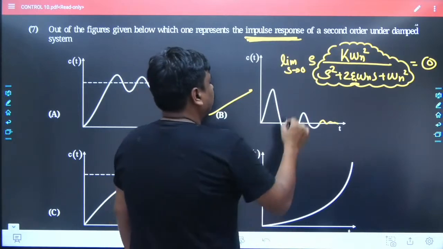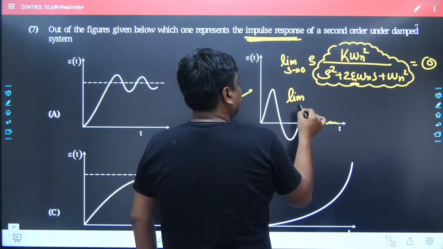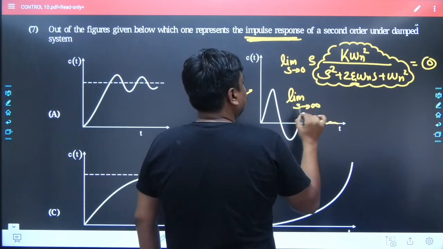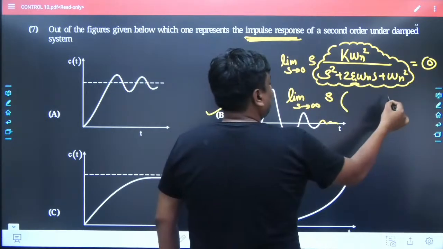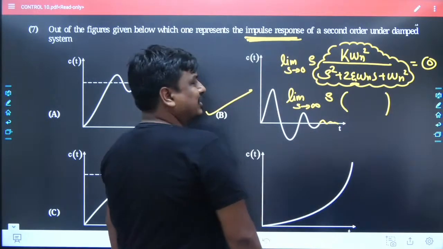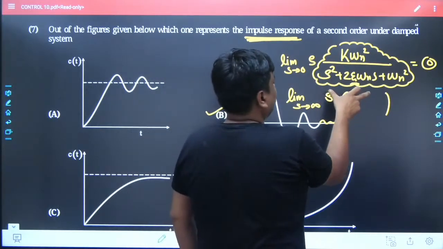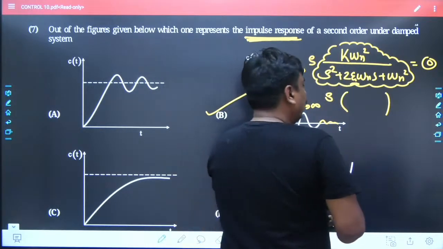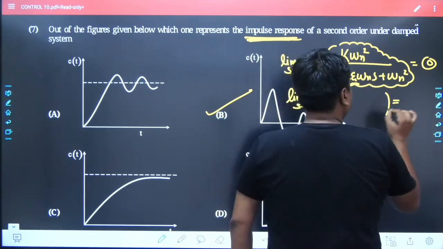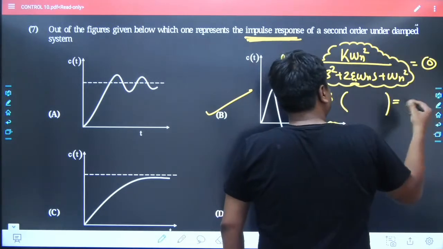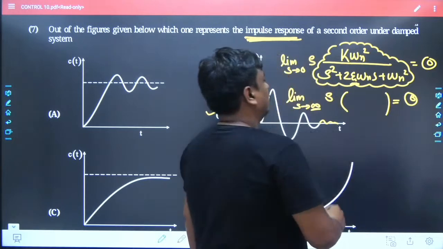Not only that, if you apply the initial value theorem, that is limit s tends to infinity of s times this complete structure once again. The degree of numerator is going to be 1, and the degree of denominator is going to be 2. Whenever we take the limit towards infinity and the degree of the numerator is lesser than the denominator, the resultant would again be 0.